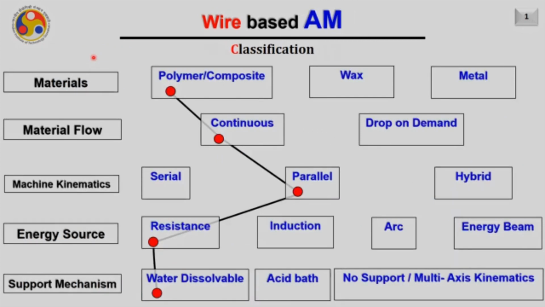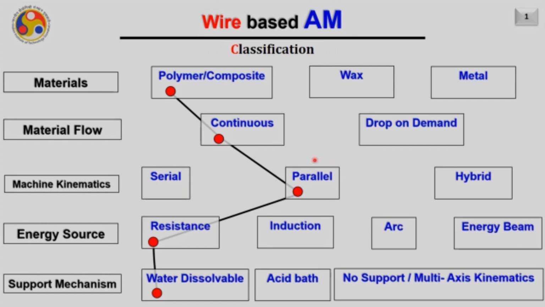Now let us discuss some different types of the FDM processes. As the material will be same, because we are still discussing the FDM process which uses polymer wire as the raw material, material will flow continuously only from the nozzle, and the change will be in the machine tool kinematics.